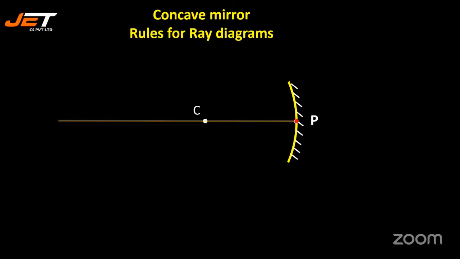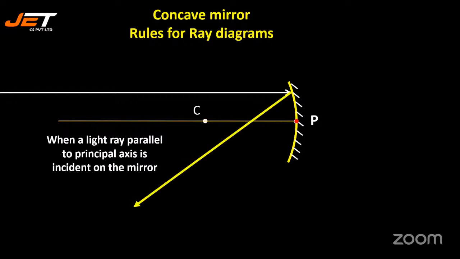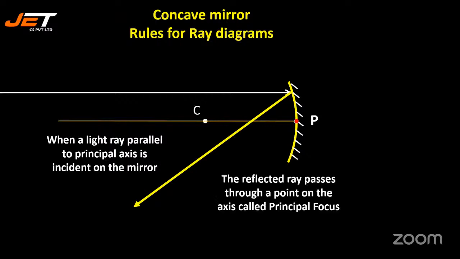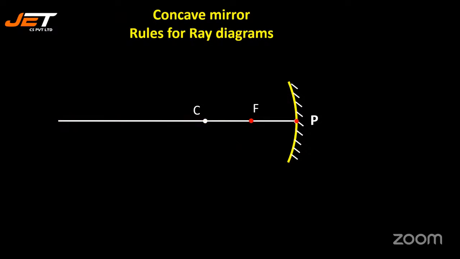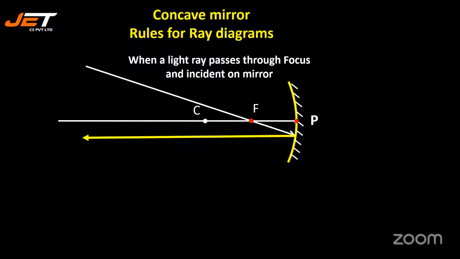Let us say there is a ray parallel to principal axis, hits the mirror, reflects and passes through a point called focus, principal focus of the mirror, F. Now, a ray passing through focus and incident on the mirror will get reflected parallel to the principal axis of the mirror.